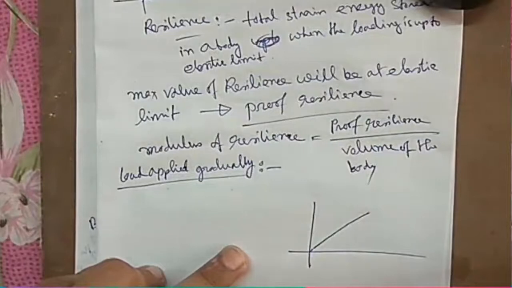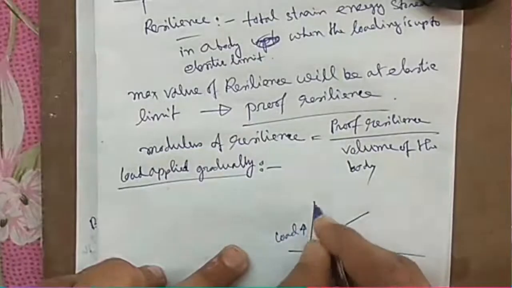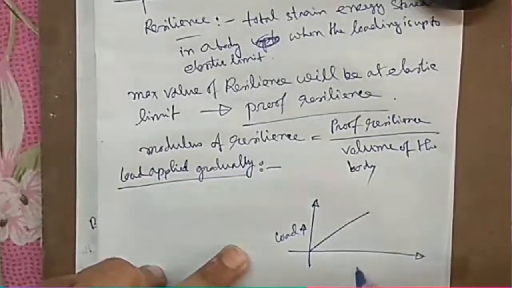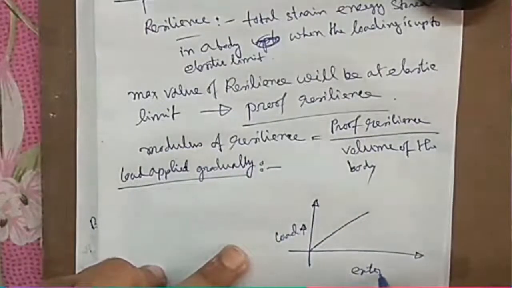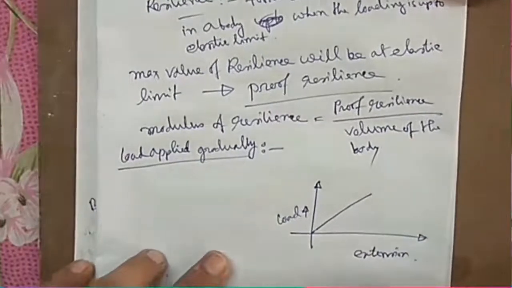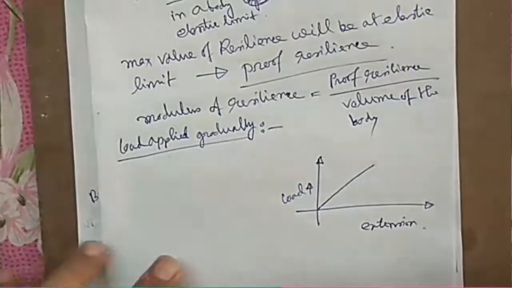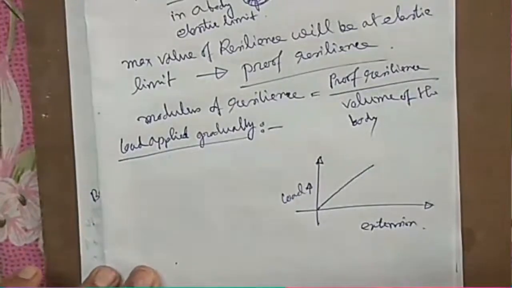Now, if this is load and this is extension, this is how the curve will increase. So in such case, we know that the work done by the load is the area of the load versus extension curve.